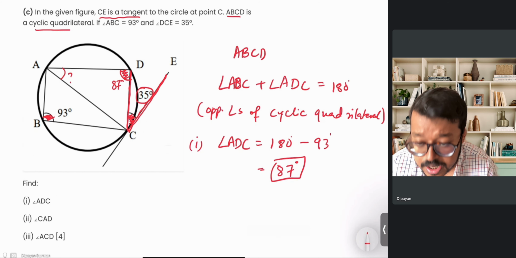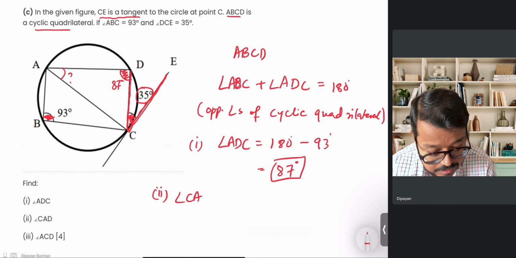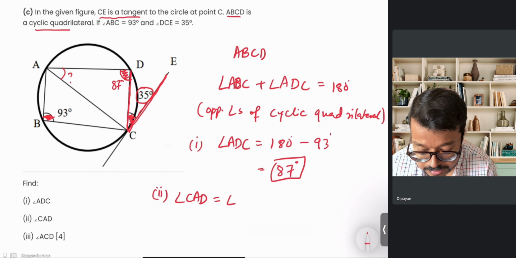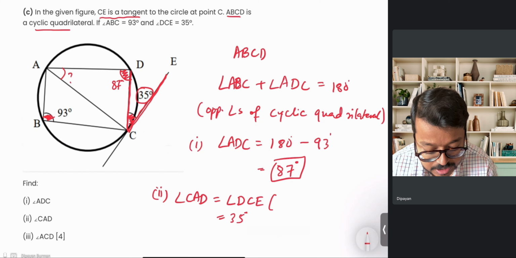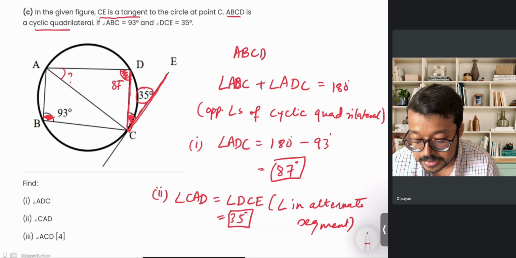So here my angle in the alternate segment is actually angle CAD. So that will be equal to angle DCE, which is equal to 35 degree. So the reason I will write angle in alternate segment. Okay, done.